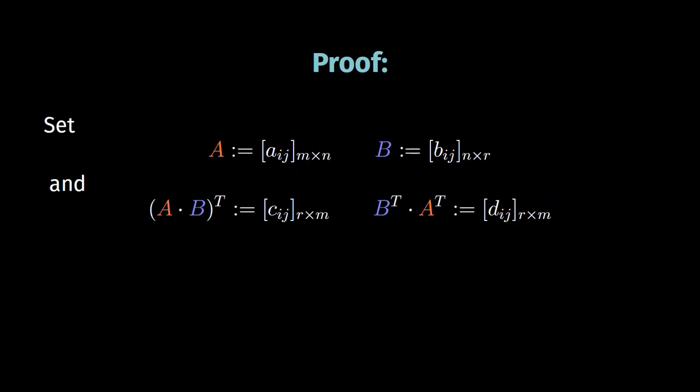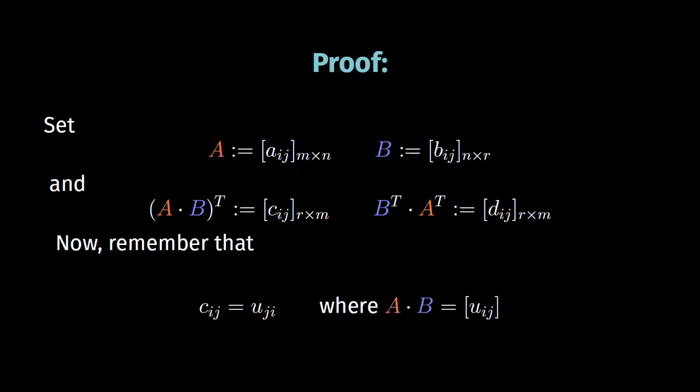Of course, we can recall that by the properties of the transpose of a matrix, C_ij is the same as U_ji, where the entries U_ij now describe the matrix A times B.